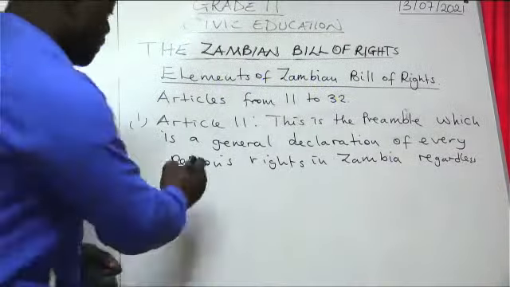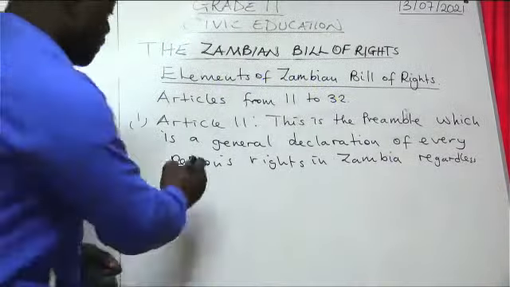All right. So what are we saying under this article, class? We are saying that this article protects the privacy of individual homes and other property. It prohibits the search of a person, his or her property or premises unless permitted by law.